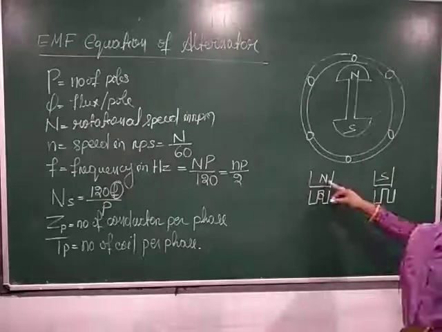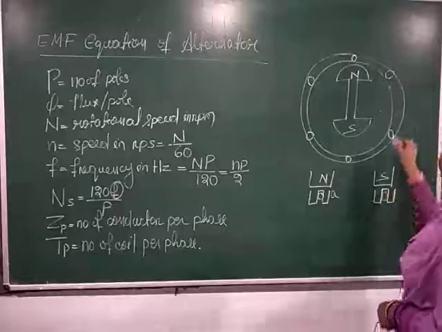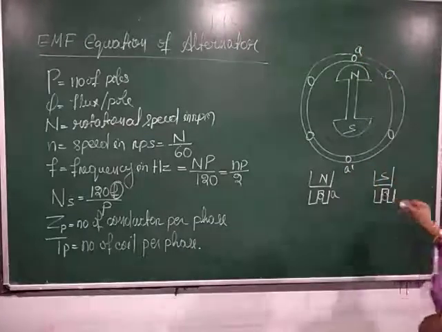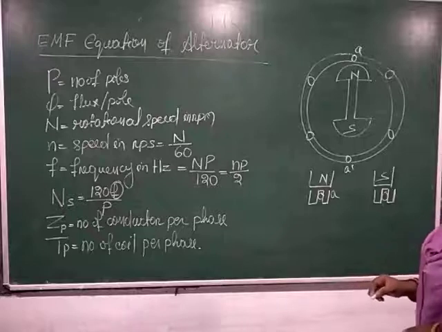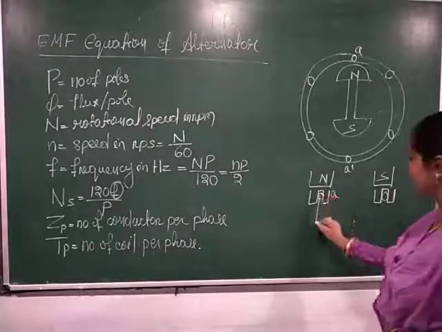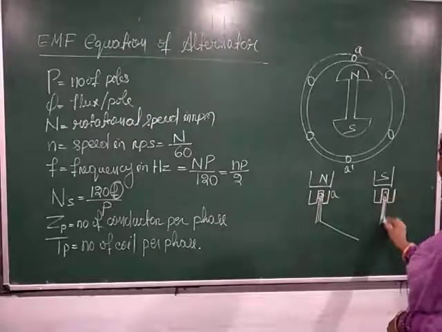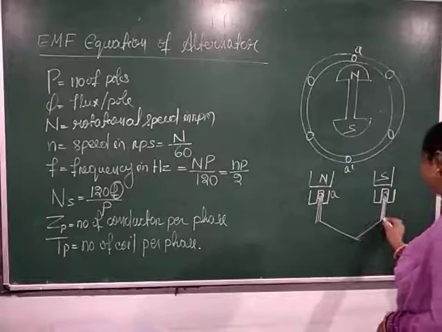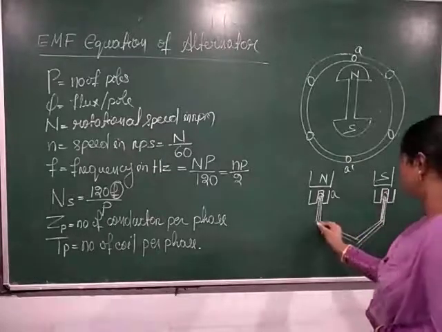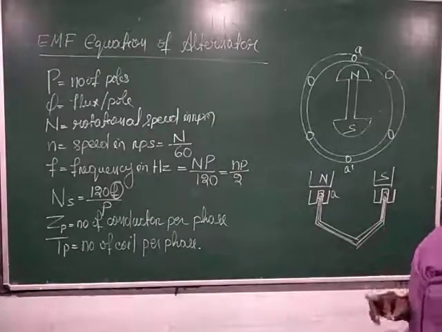Under the north pole I place this conductor, suppose it is A, and its A dash is also under the north pole. Here I take the example of concentrated winding. Concentrated winding means the coils or conductors are concentrated in a single slot.